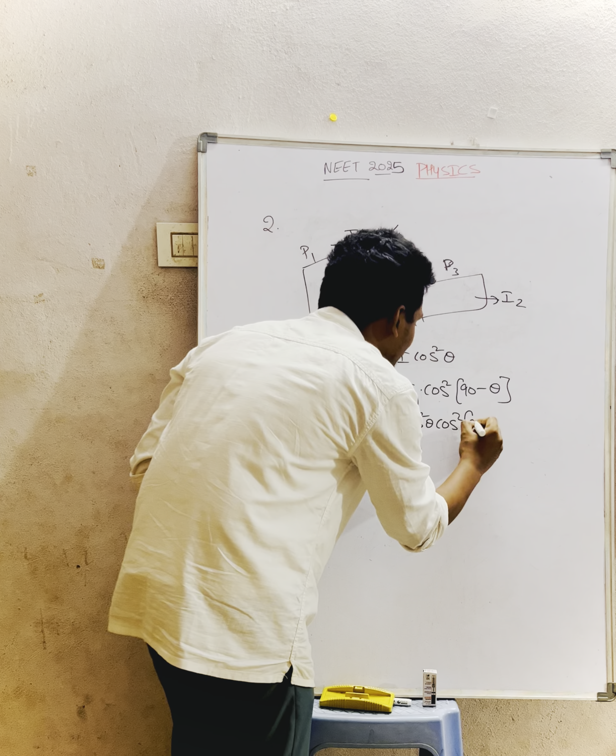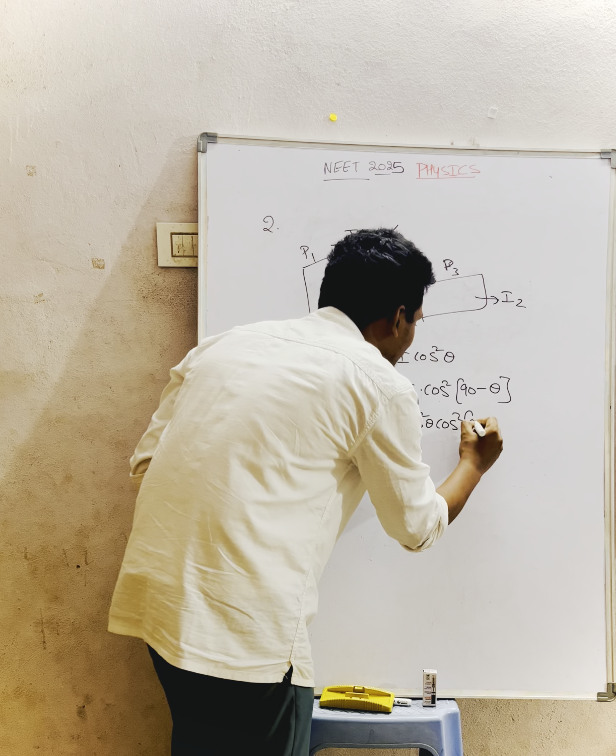We have a vernier calipers, and now we need to find the measurement. First of all, what they are saying is that 10 vernier scale divisions are equal to 9 main scale divisions.